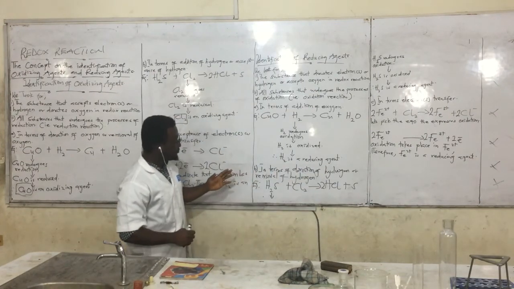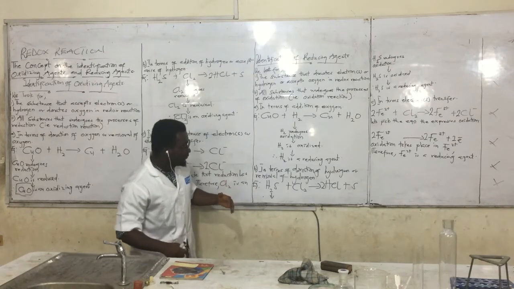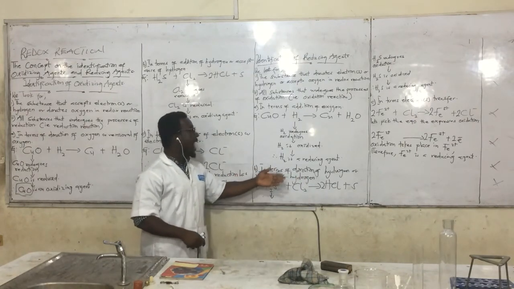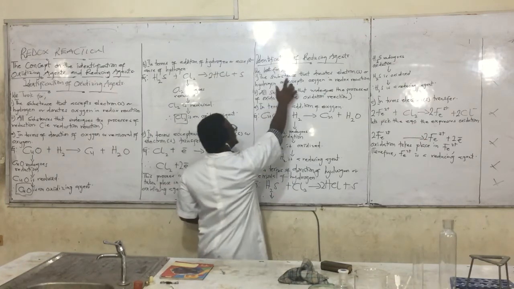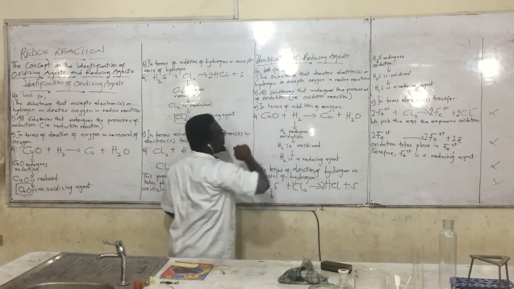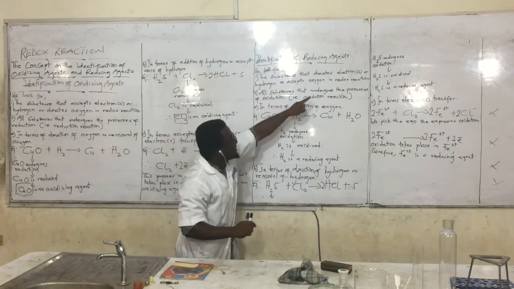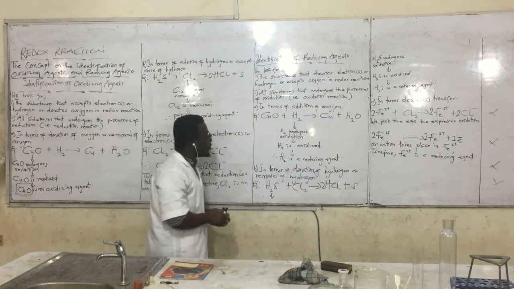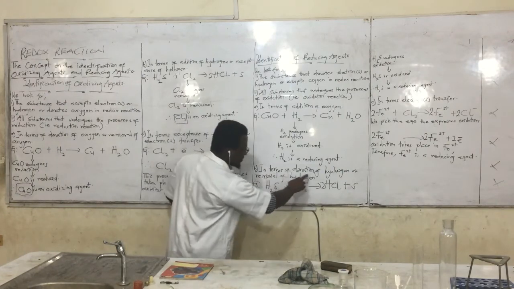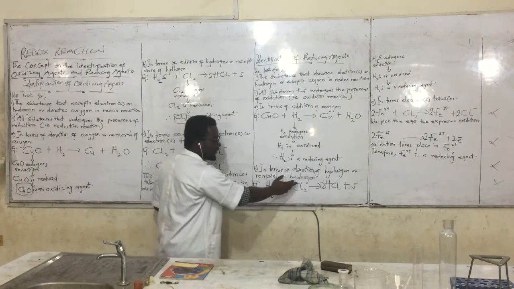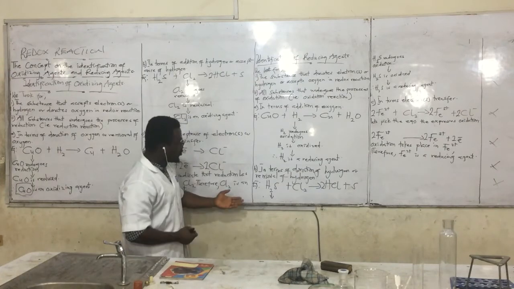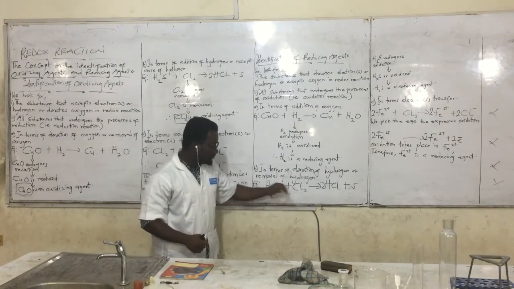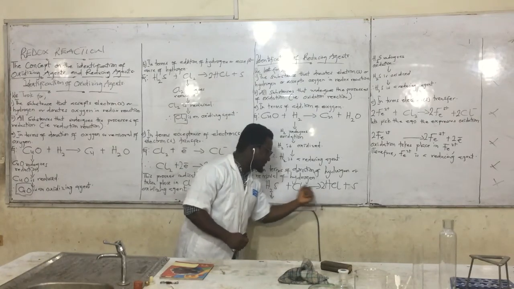Now, B. In terms of donation of hydrogen or removal of hydrogen, we said the substance that donates is ultimately the substance that undergoes the oxidation process. So it donates hydrogen, or removal of hydrogen.